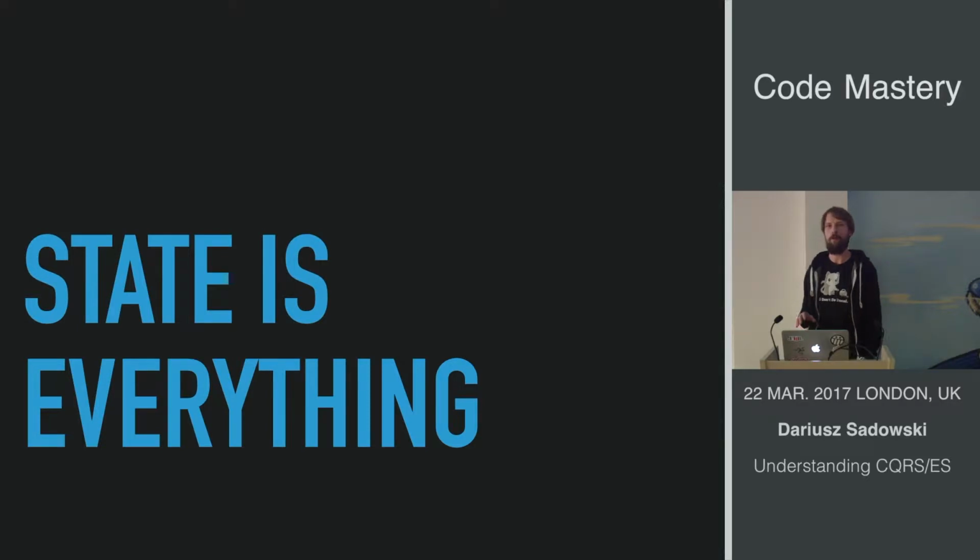With CRUD, we are operating directly on the state of the application, which we usually store in a database, and we change it directly. We're using different things to avoid problems like locking and transactions. But at the end, all we do is work on one big state.